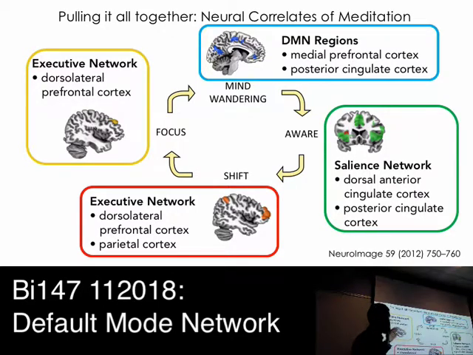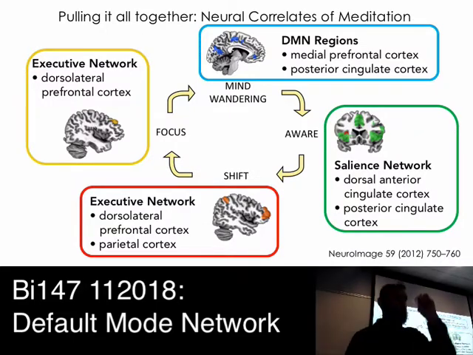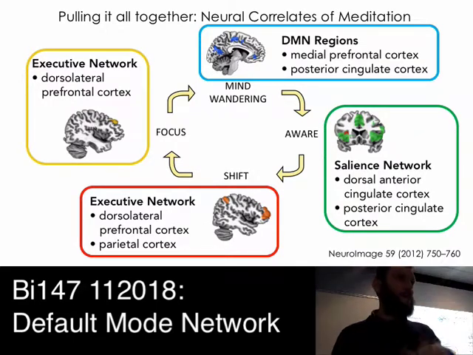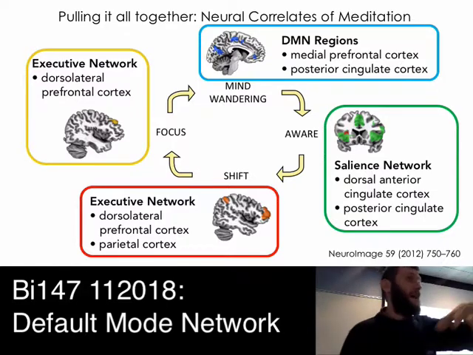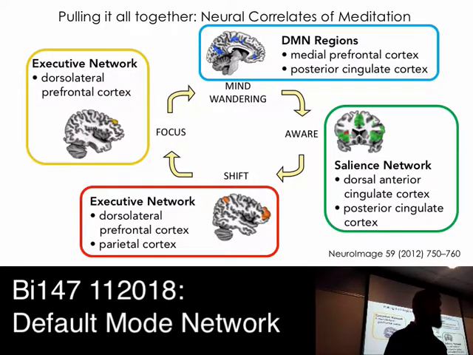And what's the significance of this? What they've done here is correlated discrete neuroanatomical regions in the brain, functional regions in the brain, that are now correlated with subjective experience.